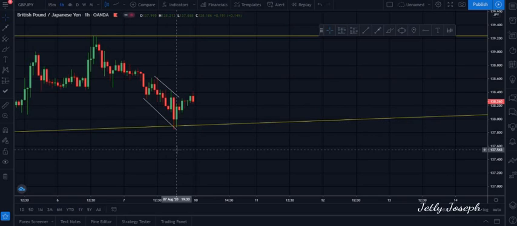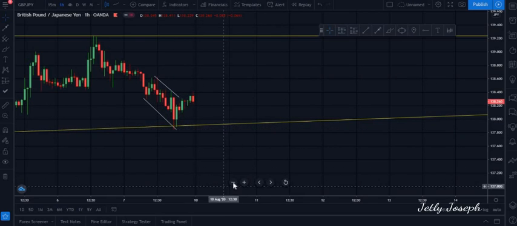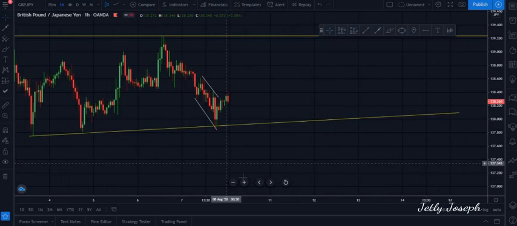So the best thing though, now what I have forecasted is there are few scenarios that can happen. Now, since we know it's a descending channel, we know it is a reversal pattern. So what are the different scenarios that can happen?